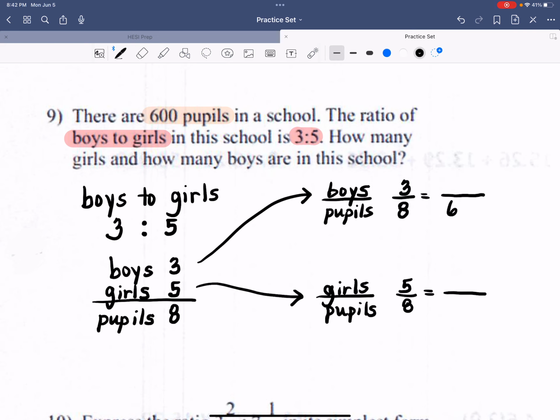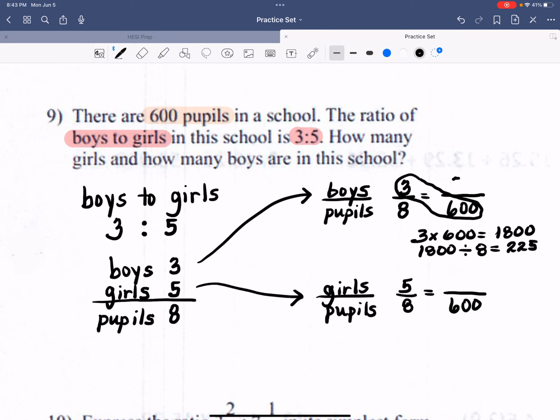Now let's bring in the 600 students, and that's true for each proportion here. And you've got your proportion to solve. So 3 times 600 is 1,800. And 1,800 divided by 8 is 225. So there are 225 boys.